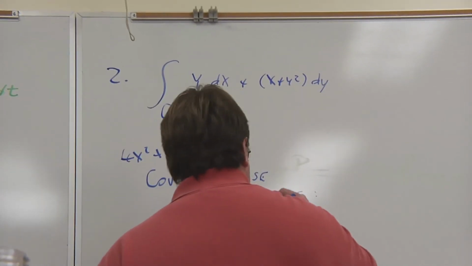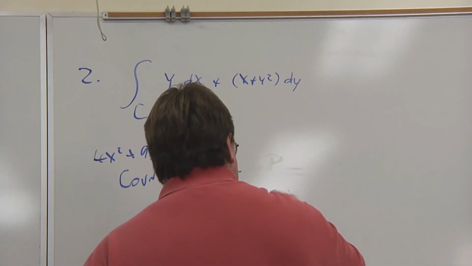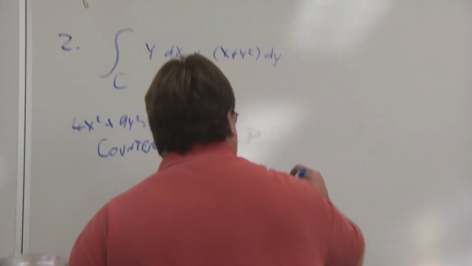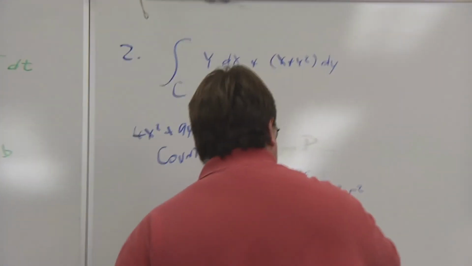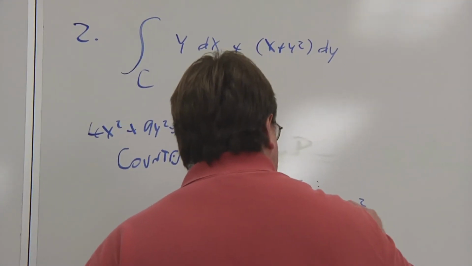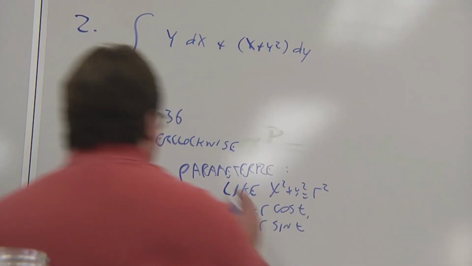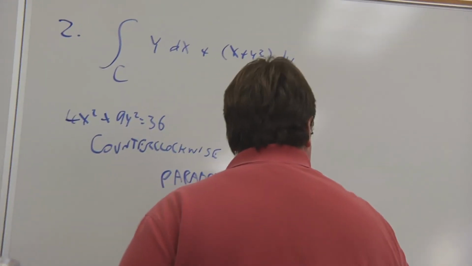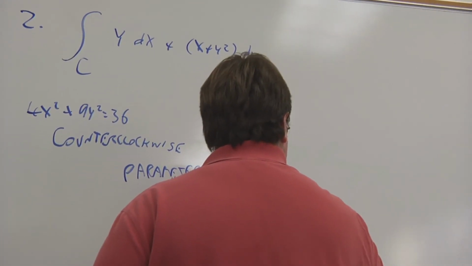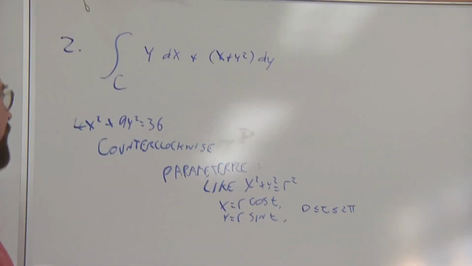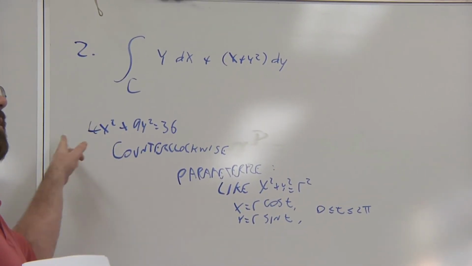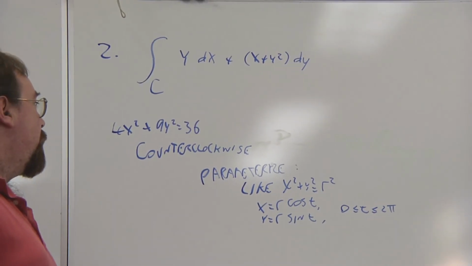It's like x squared plus y squared equals r squared, where x is r cosine t, y equals r sine t, and that is counterclockwise. t runs from 0 to 2 pi. So it's going to be kind of like that, but now you have to take into account these constants, the 4 and the 9.